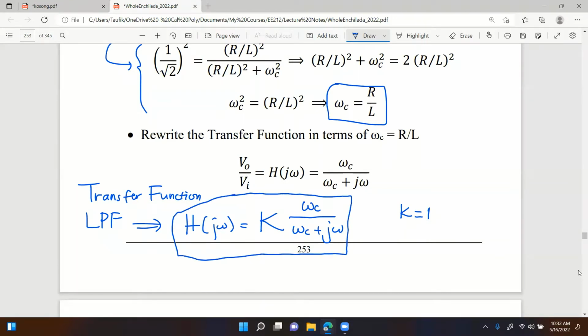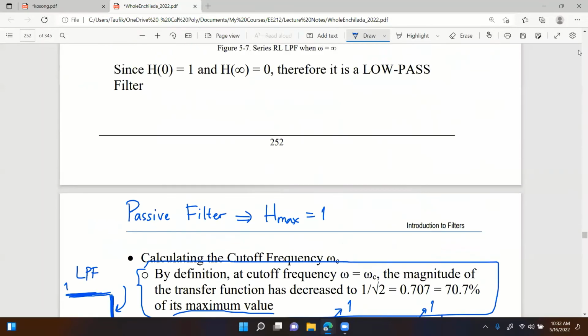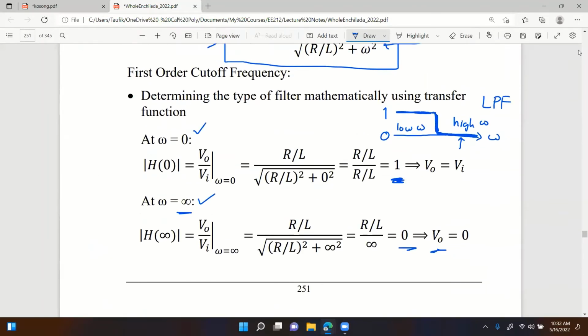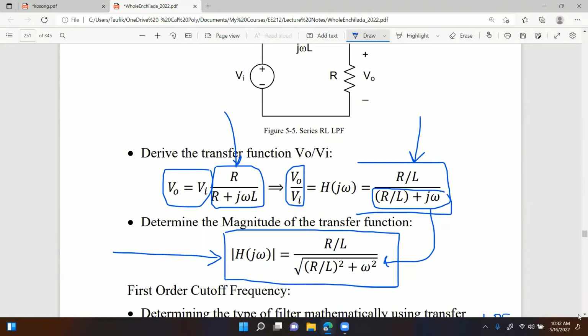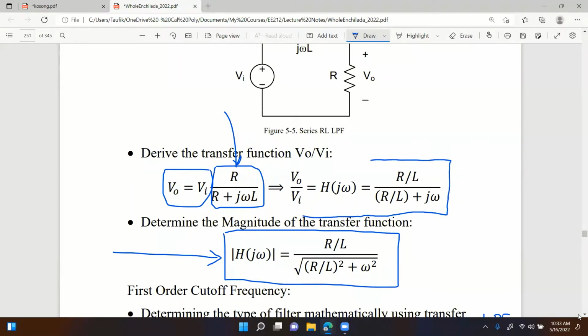Remember earlier I said, if I go back to here, when I first derived the transfer function, I derived it using the voltage divider, and then I rewrote it this way. And I said earlier, I will tell you why I write it that way.